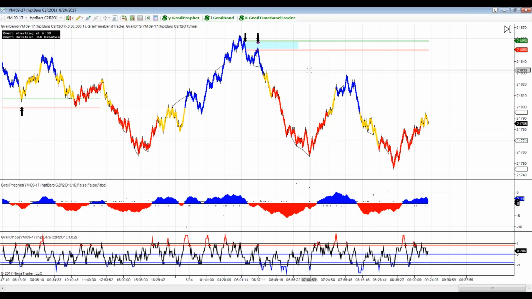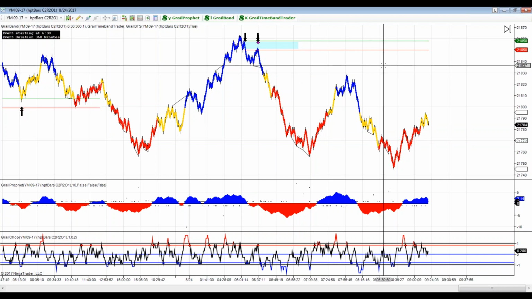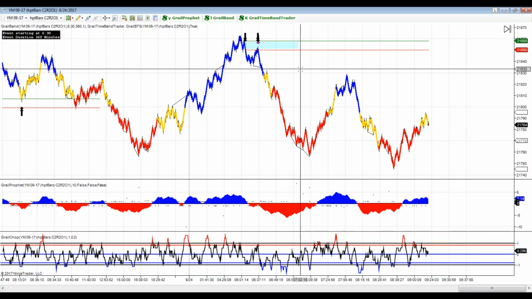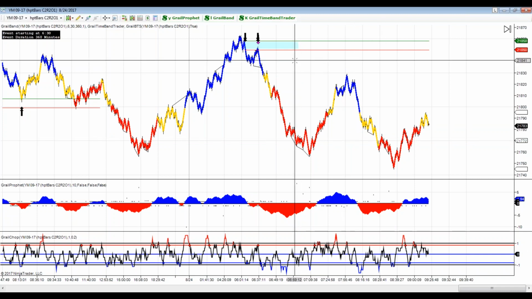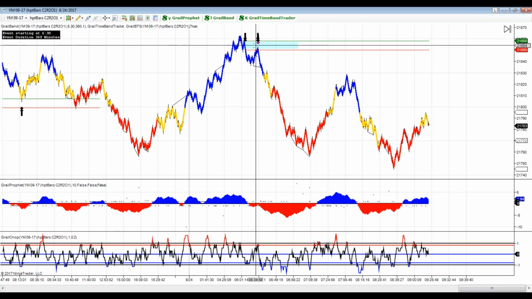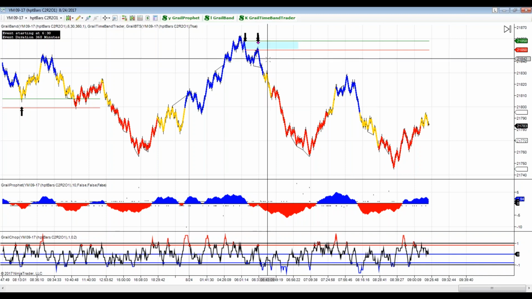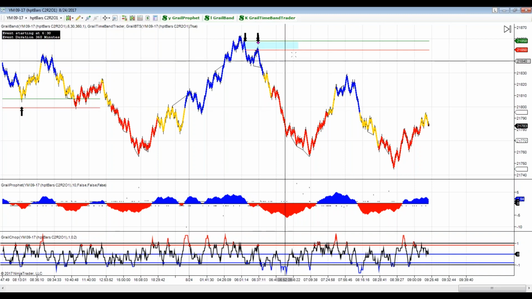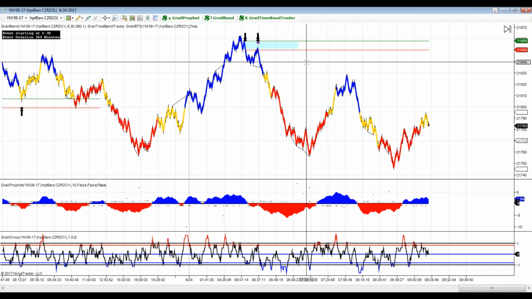In particular, you could put the Grail BTS on there, or you could put the normal Grail on there, right? Or you could trade the big band. I don't have the big band up here right now because I'm just trying to simplify this, but we saw how we went from important levels using the big band to the OP and things like that. I just want to keep this real straightforward.